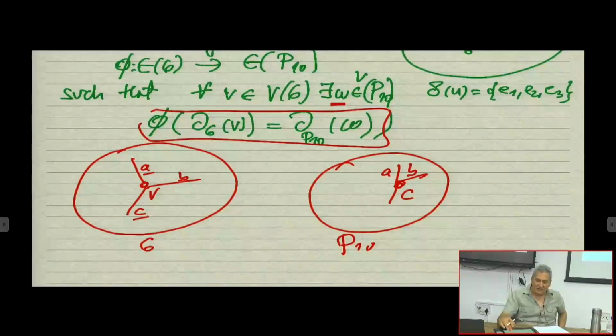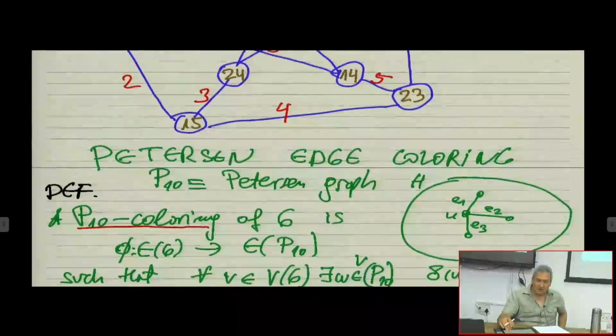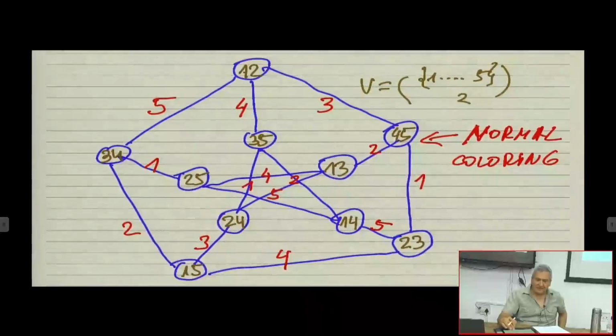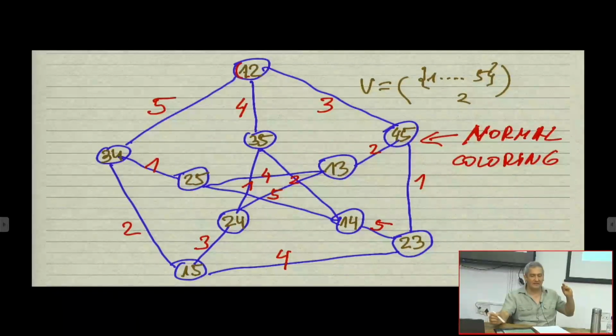But actually, look, this is the Petersen graph. I can denote my vertices with 1, 2. When I say vertex 1, 2 in Petersen, I mean this vertex. When I say vertex 3, 4, I mean this one. When I say 1, 4, I mean this one.